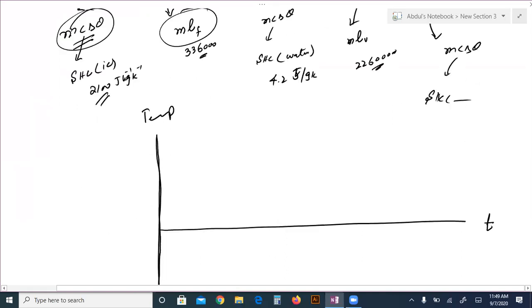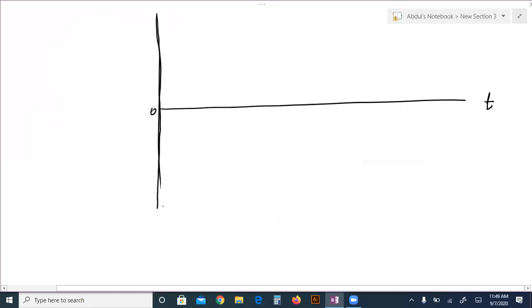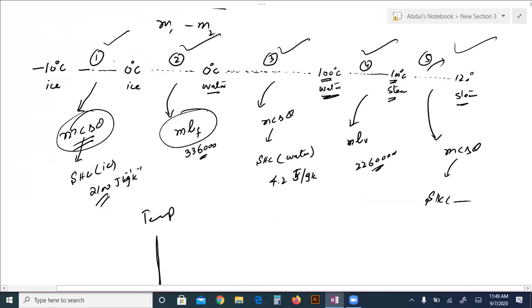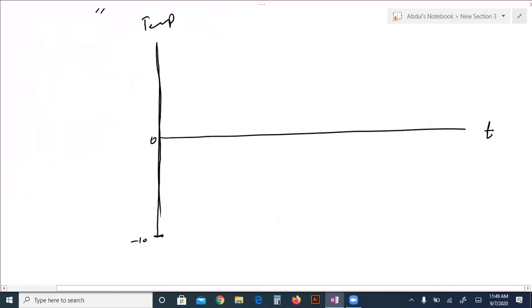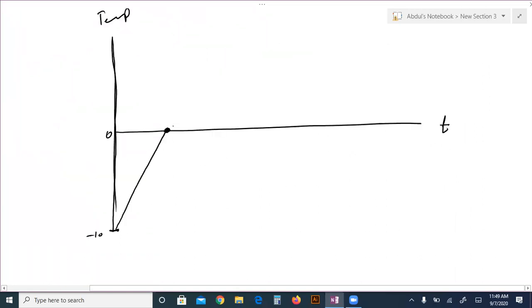So initially it is at minus 10. So this is, suppose, the minus 10. So the temperature is changing to 0. And then for this second part, 0 ice to 0, no change in temperature.